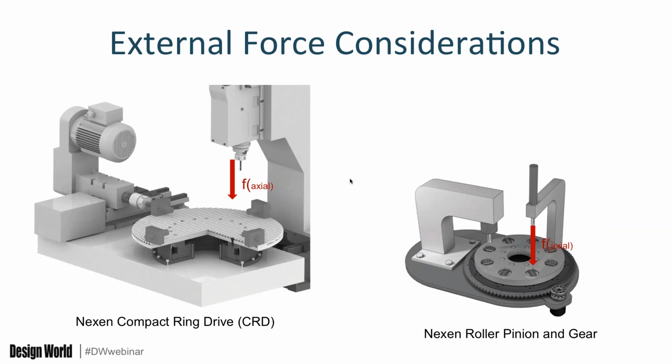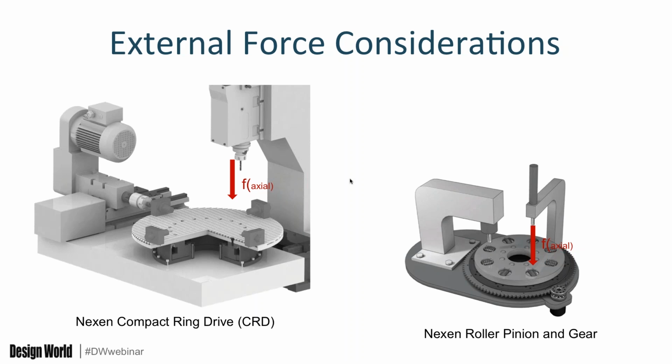If we look at the external force considerations, here on the left, you can see the spindle from a drill in a CNC machining application, where you'll have an axial force being applied downward to the actual product.